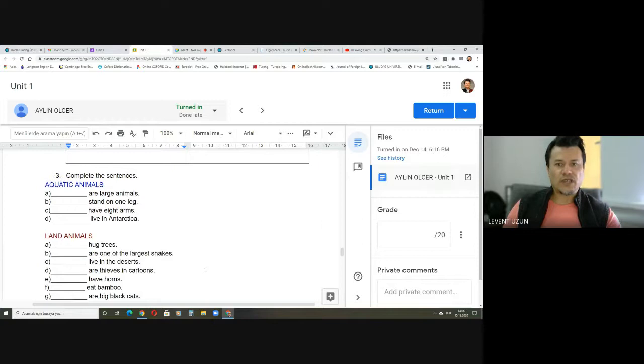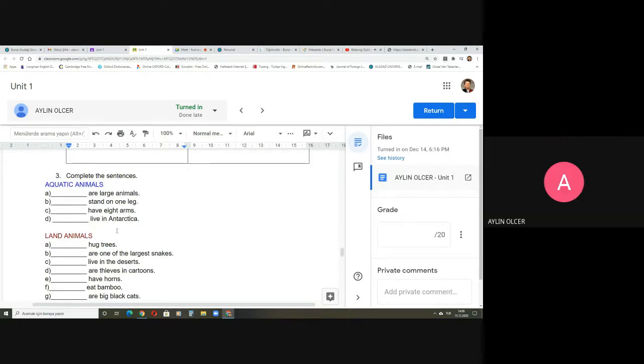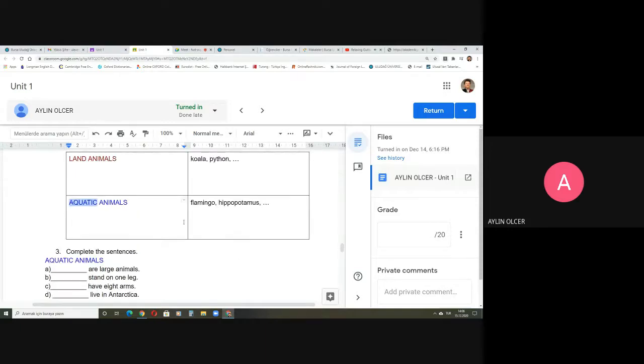Now we proceed. Complete the sentences. Are large animals. Stand on one leg. The real reason I first gave a chart which says land animals and aquatic animals is that I was going to proceed with complete sentences. If I said only complete the sentences just like that, that might be confusing.